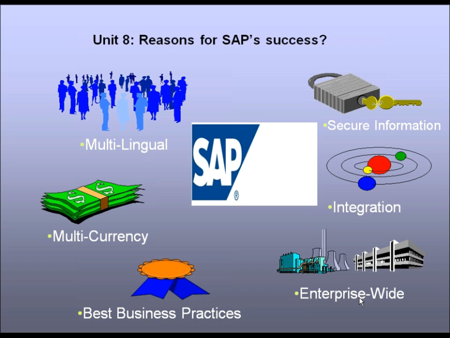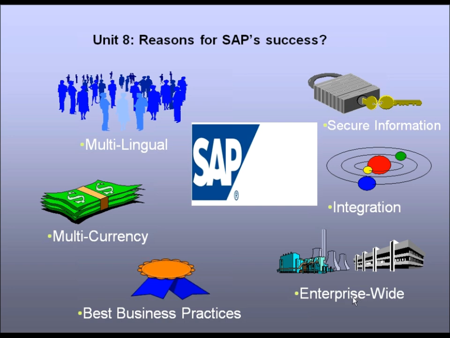If, for example, you are not implementing the HR module with SAP and you wanted to go with PeopleSoft, that's your management decision. But SAP does have SAP HR. You can actually use HR. So likewise, enterprise-wide solutions are possible with SAP.